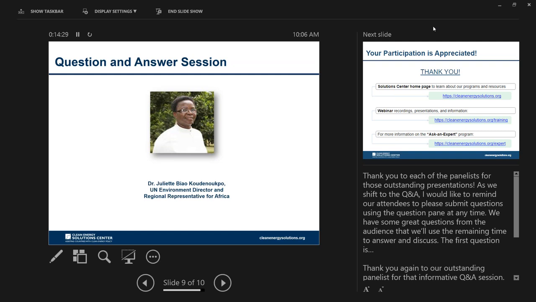And this year, myself as the regional director for Africa at UN Environment, and the regional director for Africa at the World Health Organization, we are organizing this year's conference on health and environment, and that will be in Libreville, Gabon, just to take stock of what has been achieved so far, what are the major challenges, and how we can address those challenges.